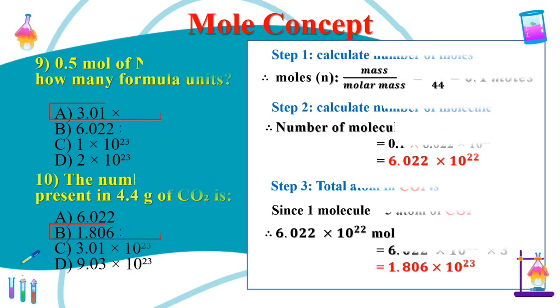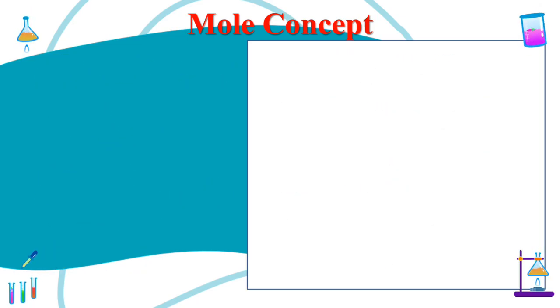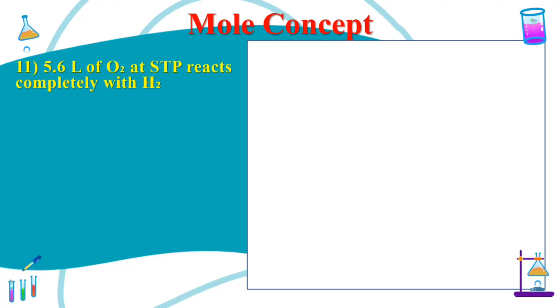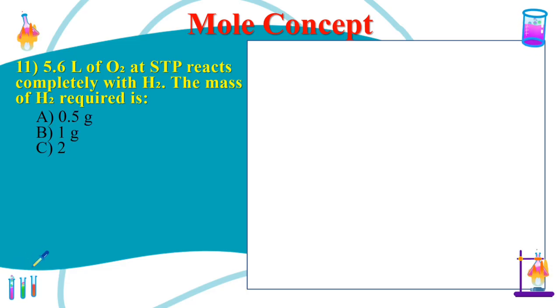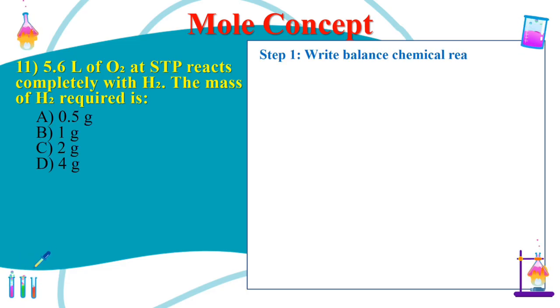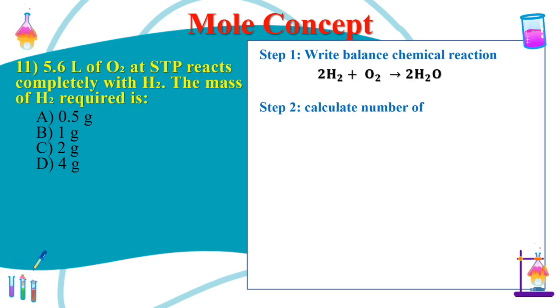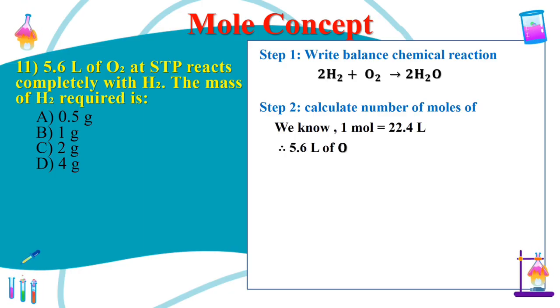Moving to the next type of MCQs: 5.6 liter of oxygen at STP reacts completely with hydrogen. The mass of hydrogen required is. To calculate this, first you need to write the balanced chemical reaction. After that, calculate number of moles based on that reaction, and it will give you 0.25 mole.